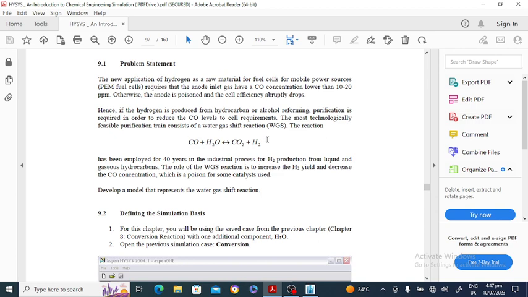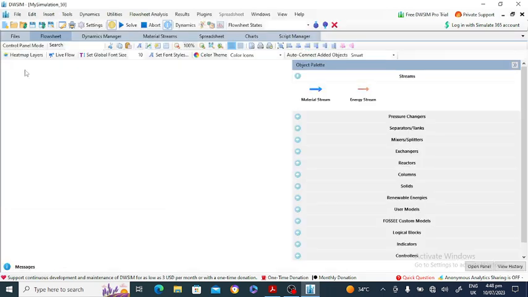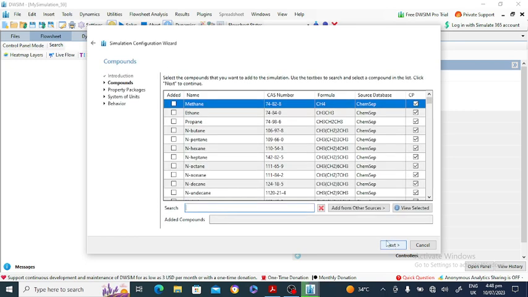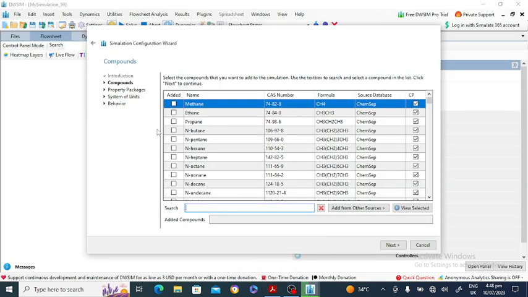We will simulate this water gas shift reaction in the DWSIM software using the equilibrium reactor. First of all, open the DWSIM software and click on create new. Now click next to continue. This water gas shift reaction consists of carbon monoxide and steam.